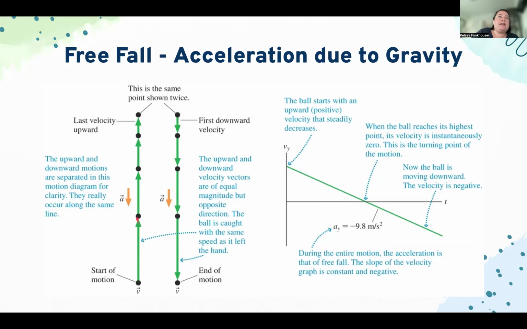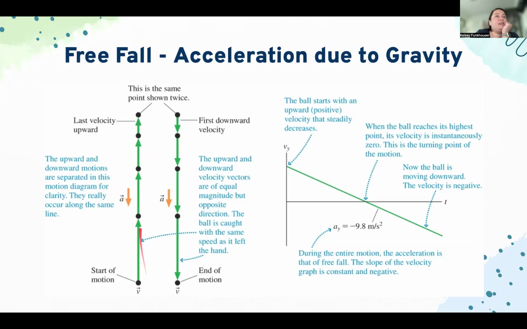So that's indicated by the magnitude of this velocity vector. And as it goes up, you can see here that the velocity is getting smaller with time. The magnitude is decreasing. And that's because this whole time we have this negative acceleration, or really acceleration in the opposite direction of the motion, but it is for our usual way of representing things as negative.